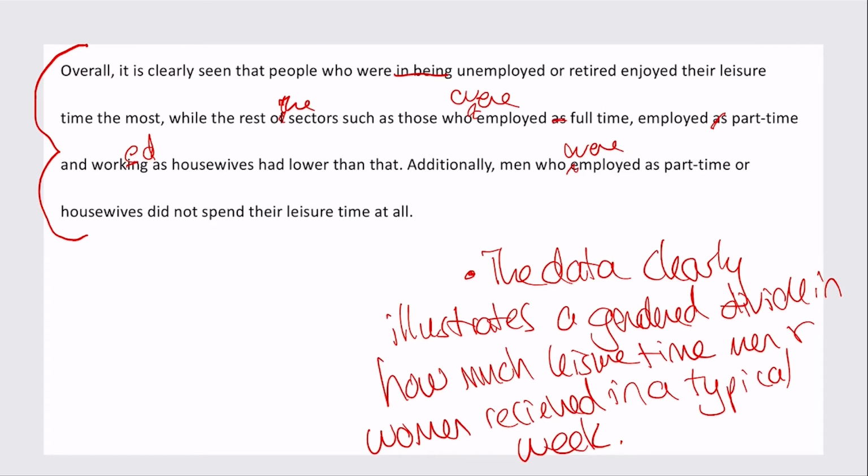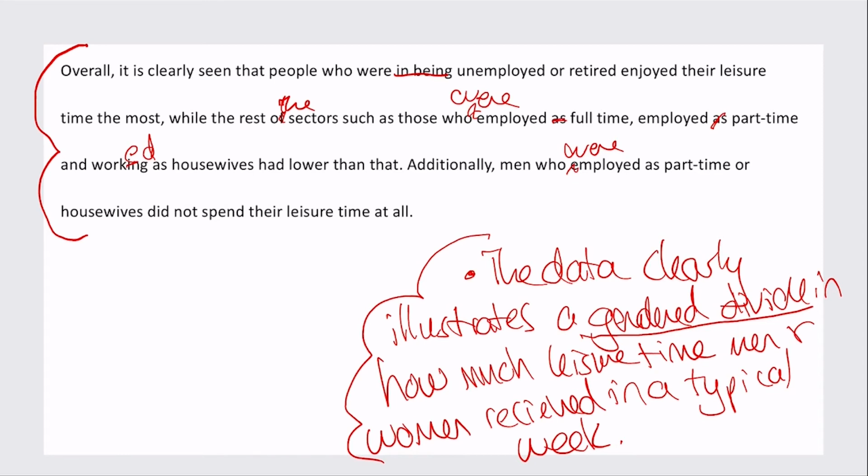Okay, so this is what I mean by a themed general overview. We're just talking in general terms about a gender divide. So we're saying overall, we can see there's a difference in how much leisure time men and women received. Or overall, we can see that different types of employment clearly had different amounts of leisure time associated with them.